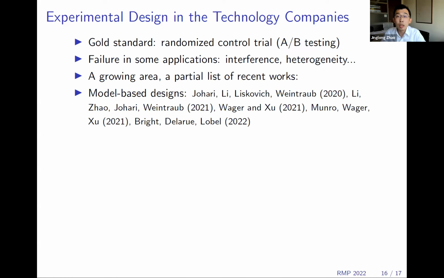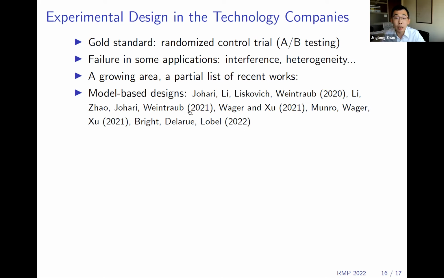When people run user level experiments, one way is to refer to some structural models. So there is a sequence of works on model-based designs. For example, Ramesh, Hannah, and Gabriel, together with somebody from Airbnb, have a sequence of works around designing experiments by distinguishing the listing side and the buyer side randomizations.